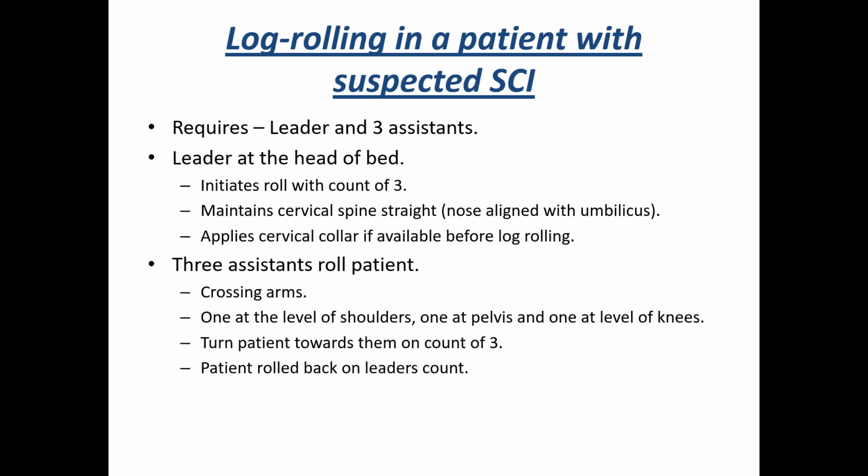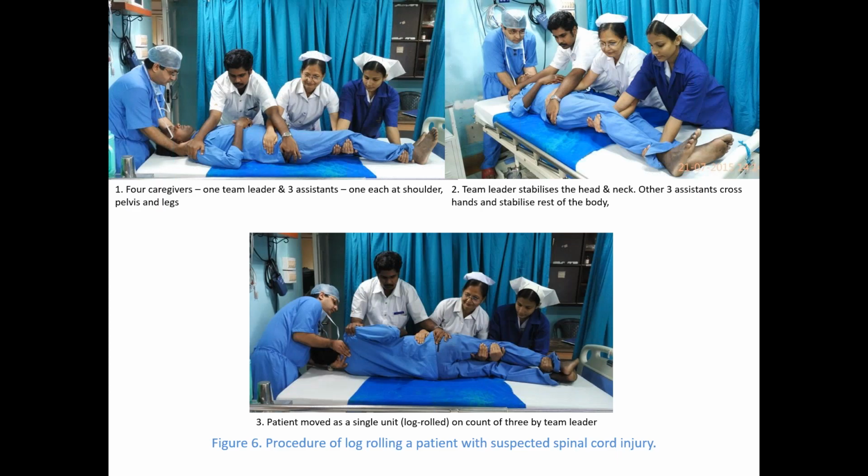Three assistants roll the patient, crossing arms: one at the level of the shoulders, one at the pelvis and one at the level of the knees. Turn patient toward them on the count of 3. Patient rolls back on leader's count. So one has to guide and others have to follow at the same time.